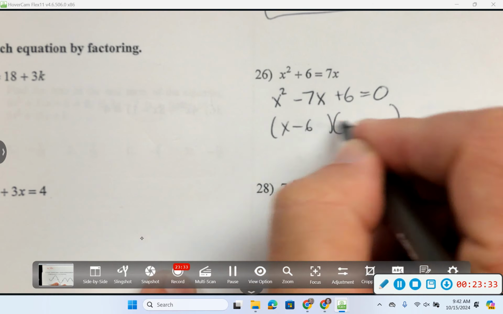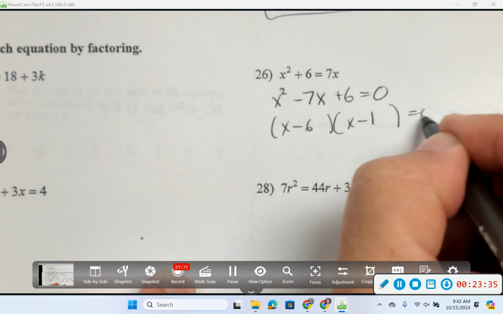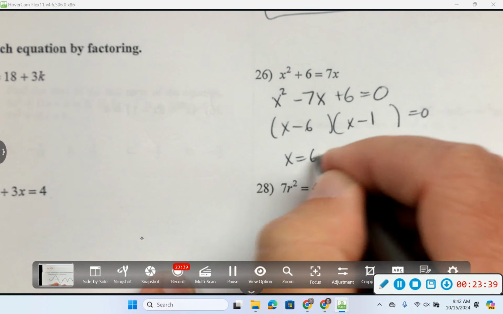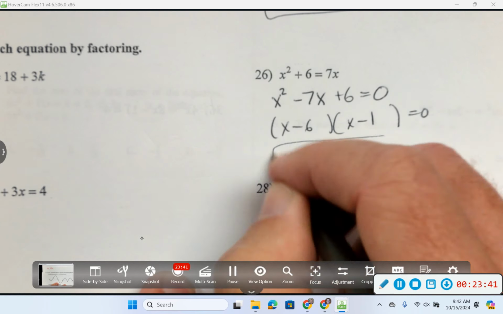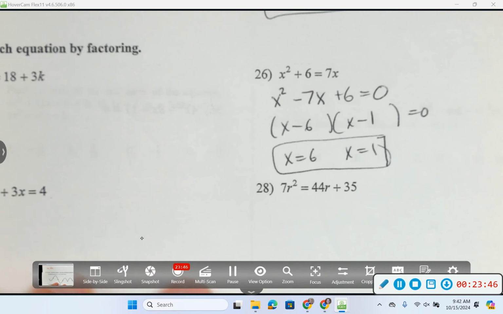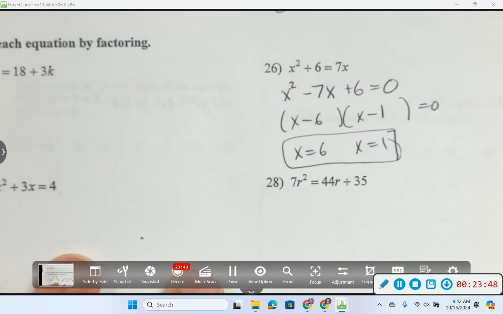So x minus 6 and x minus 1. That's the factored part. The solved part would be x equals 6 and x equals 1. Again, make sure you do what the question is asked. Don't stop short.